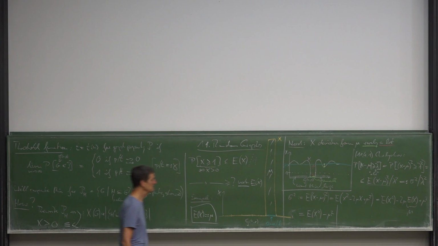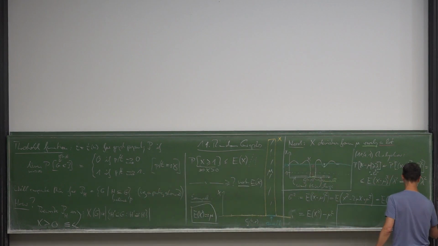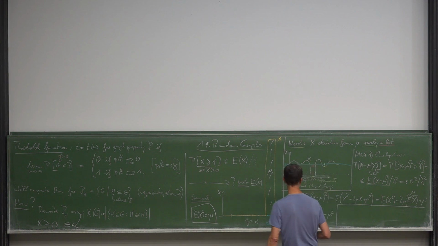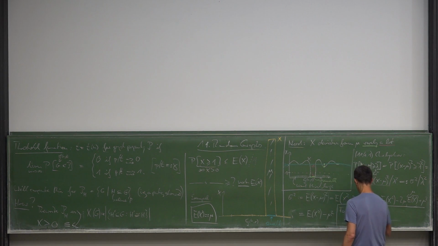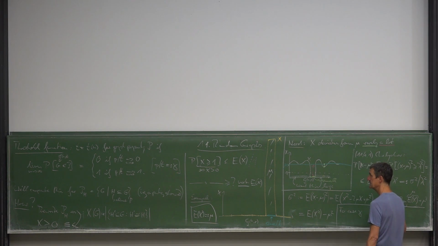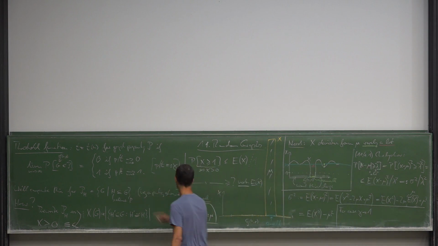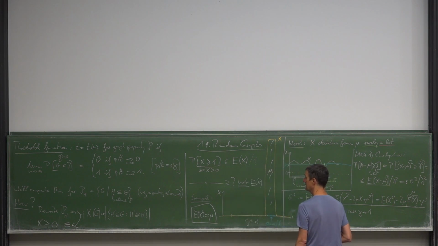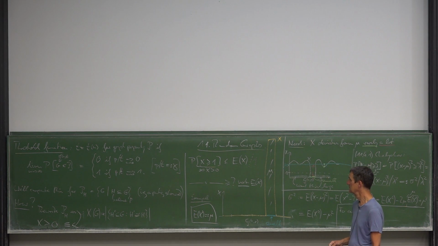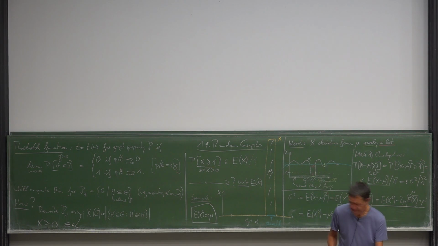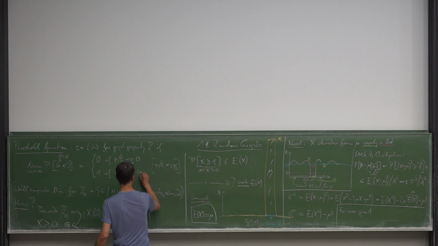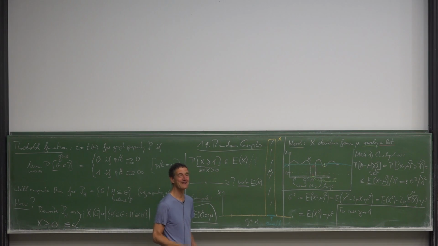So for the case gamma goes to 1, that's the second case here. What's that? Infinity.